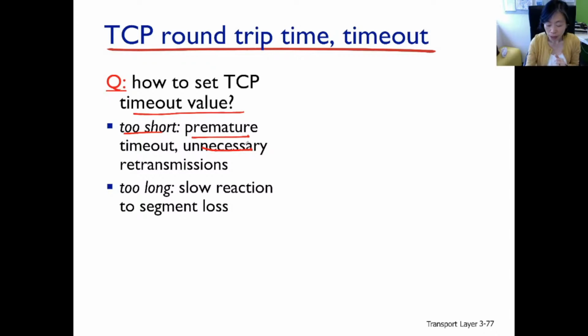If that timer is too long, the intuition also says it's going to take a long time for the sender to discover there's a packet loss and try to recover from it. So the user experience with sending data over this connection is not going to be good, with a slow reaction to packet losses. Either case, not good.